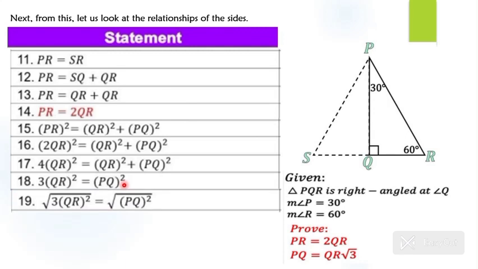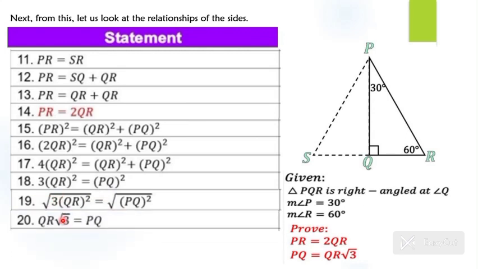Number 19, so by the square root property, to get our PQ here, we put it in the square root. So we cancel our squared and our square root. Also here, our QR squared, we cancel the squared and the square root.